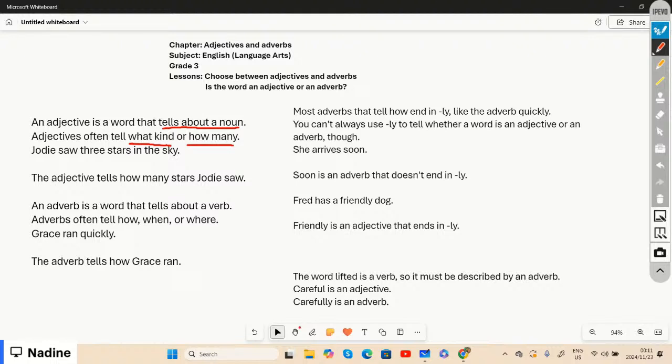And if we look at an example of an adjective, which is a word that tells us more about the noun, or we can say describes a noun, or modifies a noun.